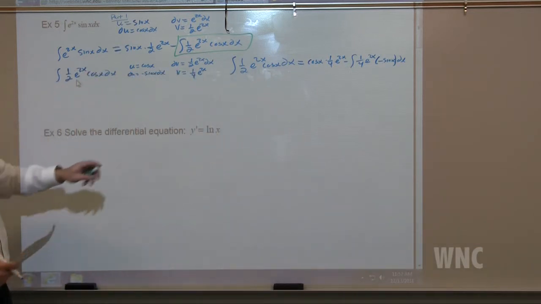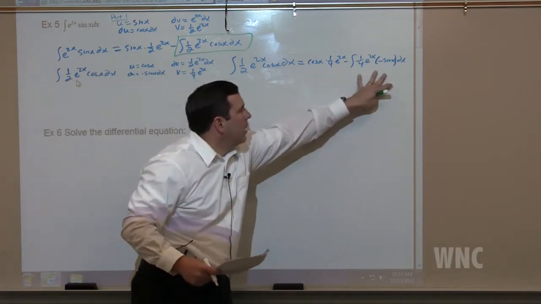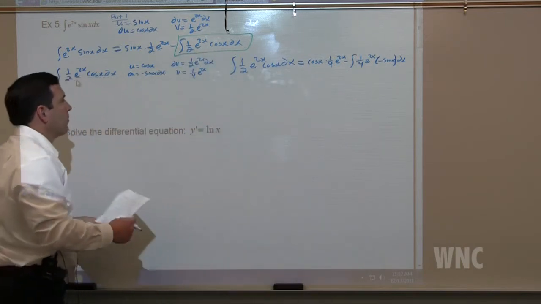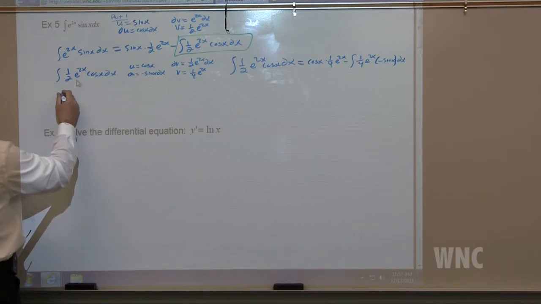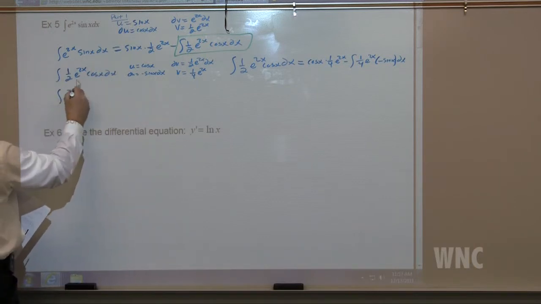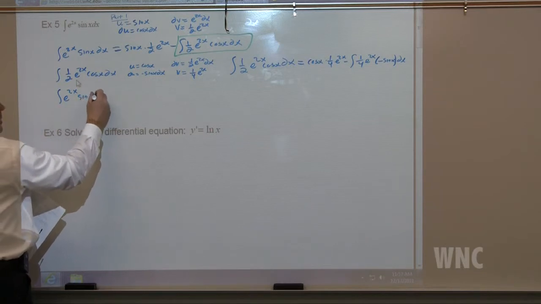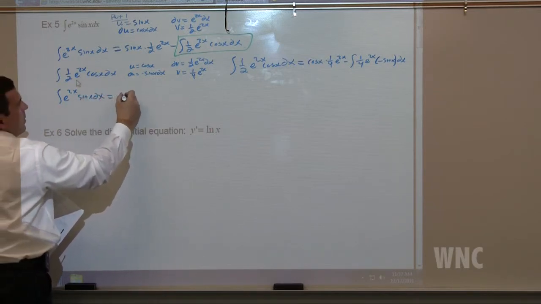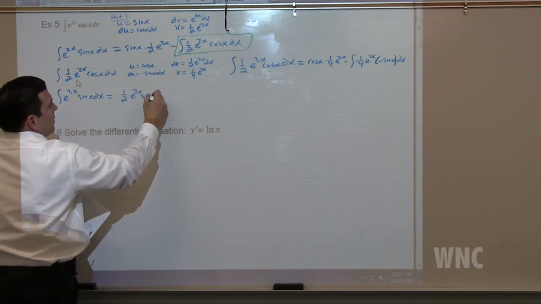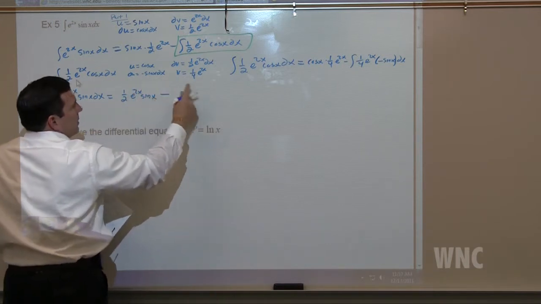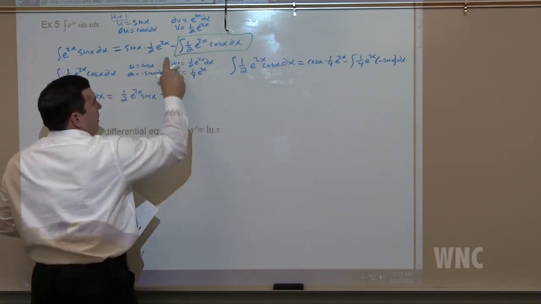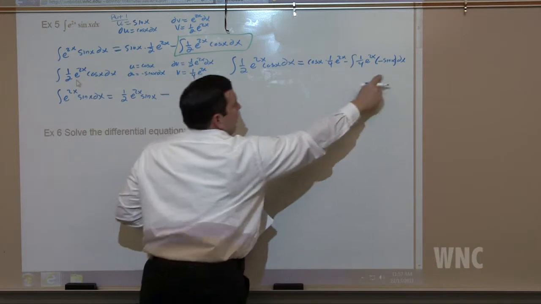So if I put this part here in place of this here, let's see what happens. Let me start off with what we had here. The integral of e to the 2x sine x dx equals 1/2 e to the 2x sine x minus, putting all this in here now, minus all this stuff.